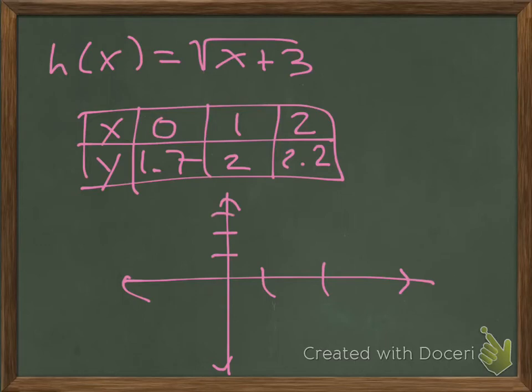So I have 0, 1.7, 1, 2, and 2, 2.2. So that is going to be going like this.